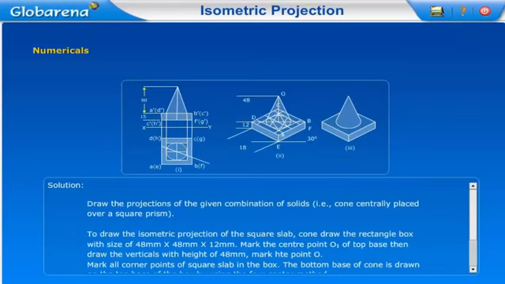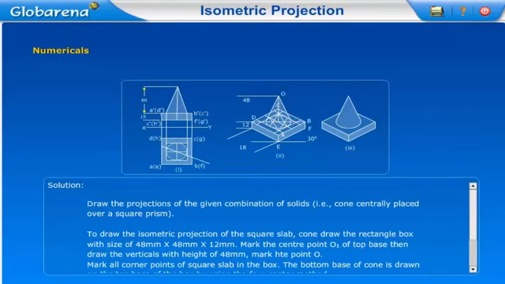To draw the isometric projection of the square slab and cone, draw the rectangle box with size of 48 mm by 48 mm by 12 mm. Mark the center point O1 of the top base. Then draw the verticals with height of 48 mm.